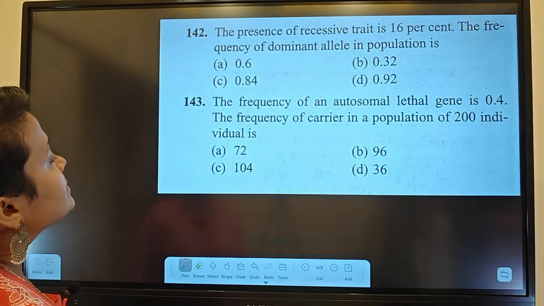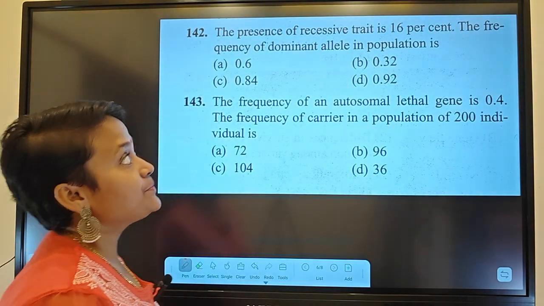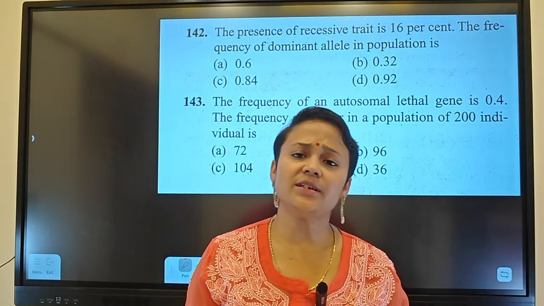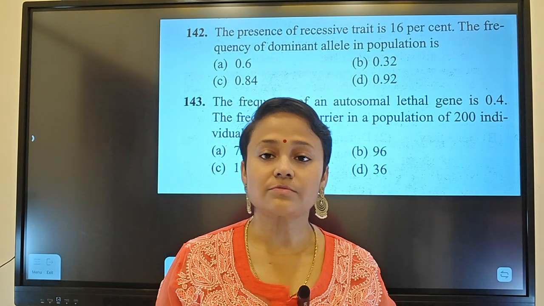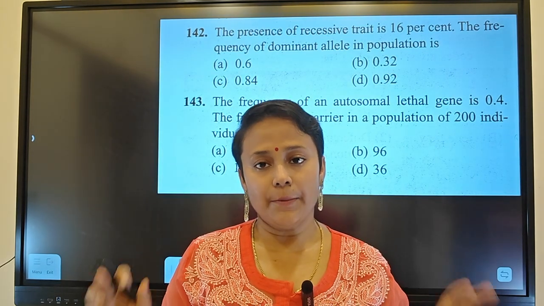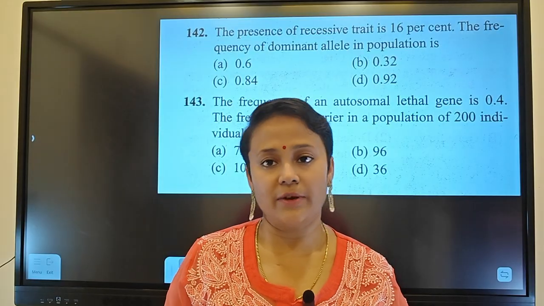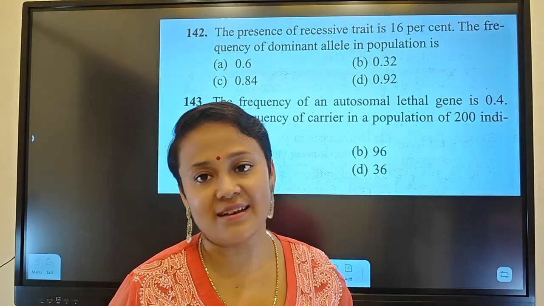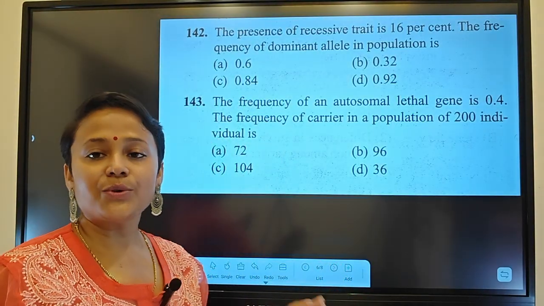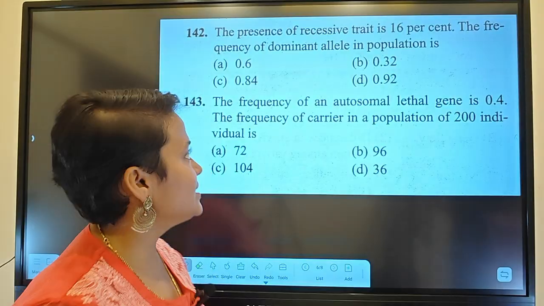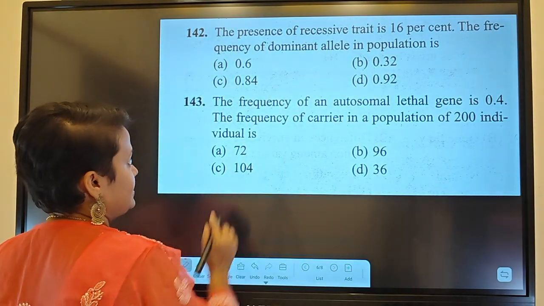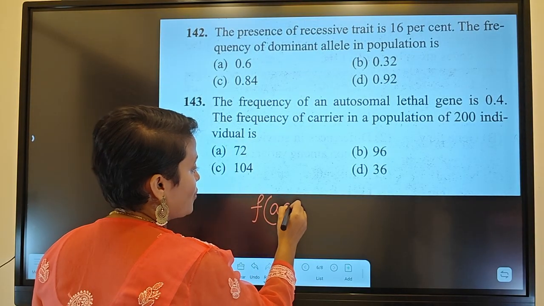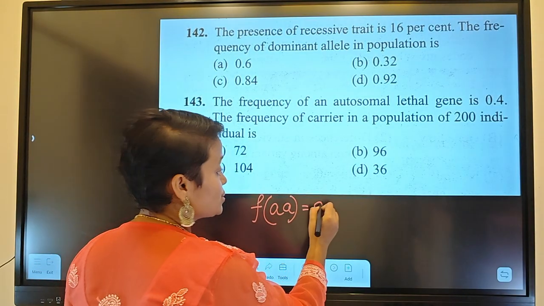Coming to the question where the presence of recessive trait is 16%. Now the new concept comes. They are asking in percentage. Very, very easy. We know that allelic frequency means number of specific alleles by total number of alleles. In percentage, they are giving out of 100, how many are there, right? So out of 100 total alleles, how many specific alleles are there? So they told that recessive trait means frequency of small a small a, that is q square.